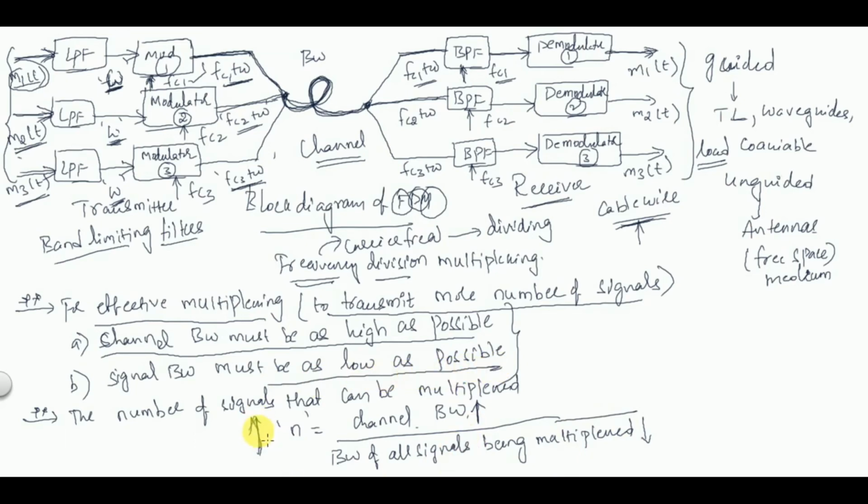For n to increase, this should be very low and this should be very high. If the channel bandwidth is more, you can transmit more signals. If the signal bandwidth is less, you can also transmit more signals through the same channel. Okay, so this is the basics of the frequency division multiplexing technique.